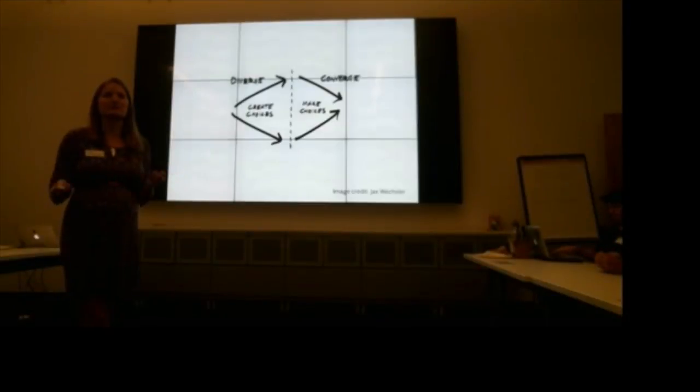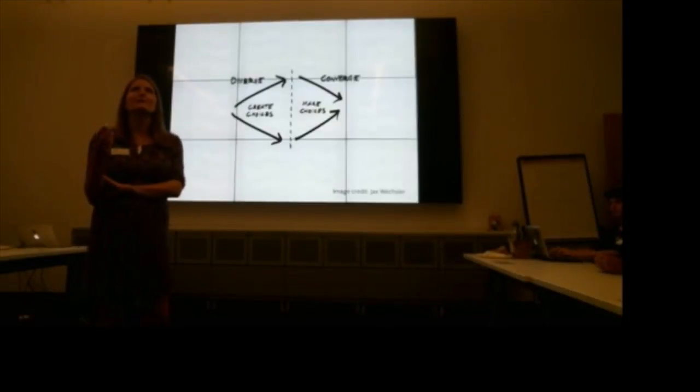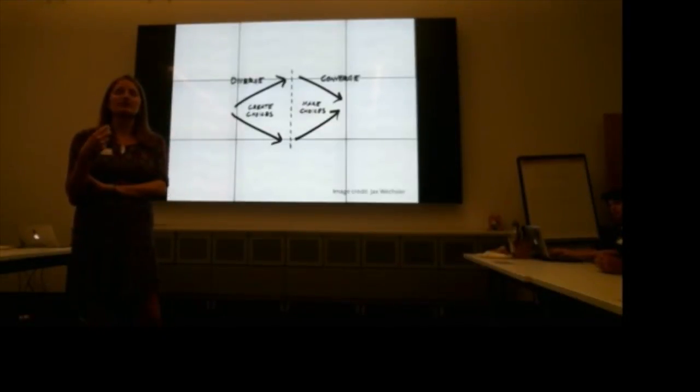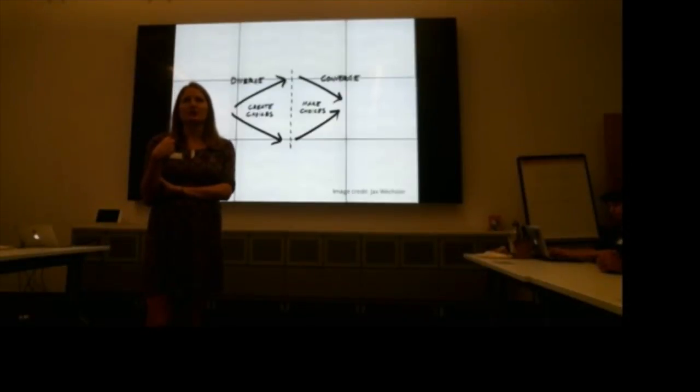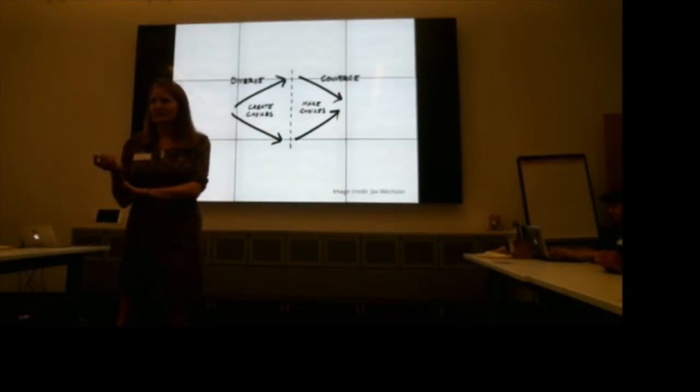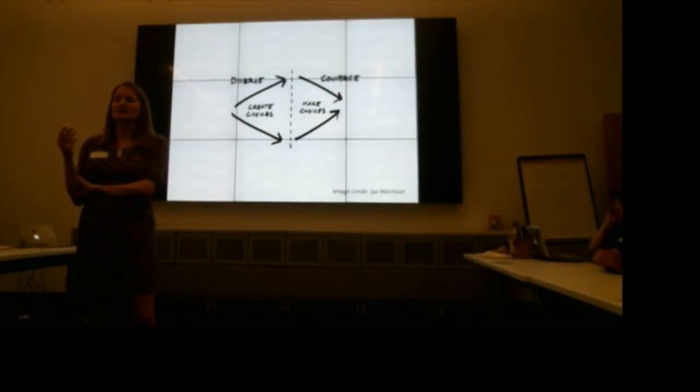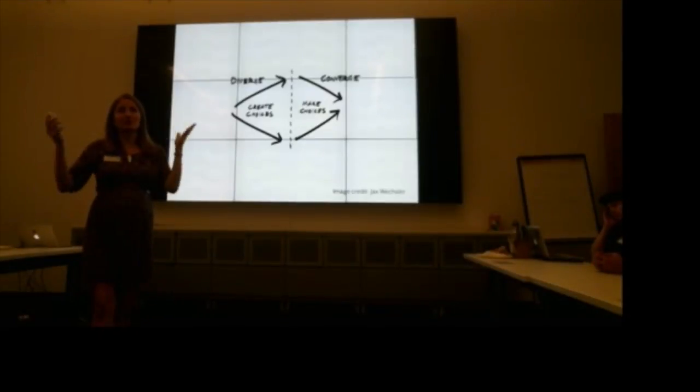For example, you could ask yourself, let me see if I can generate 10 potential solutions that would only cost $100. Or let me see how many solutions I could generate that could be implemented by the end of this month. Those might not be actual constraints on your project, but it forces your mind to go places it wouldn't have gone otherwise, and you'll generate more ideas, which is the whole point.